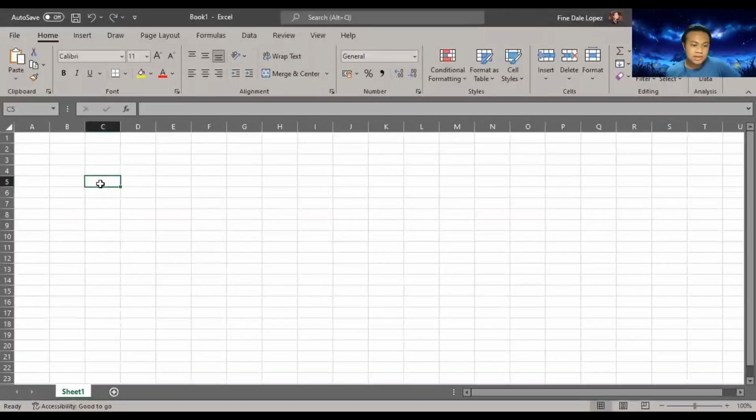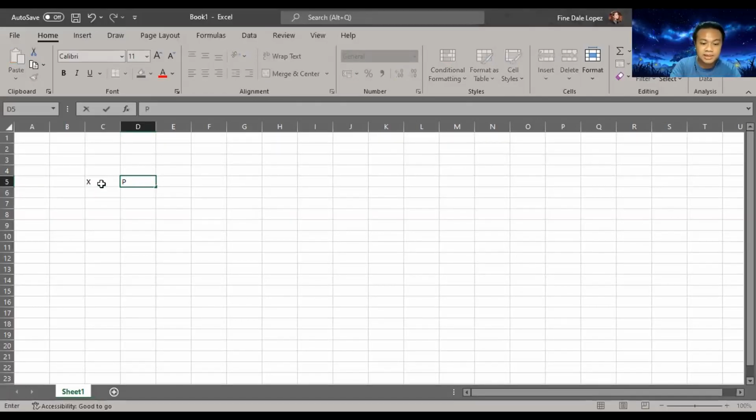Okay, so I have opened an Excel table here. This is the x, and next is the probability of x. Here we have 0, 1, 2, 3, and then we have 0.125, 0.375, 0.375, and 0.125.